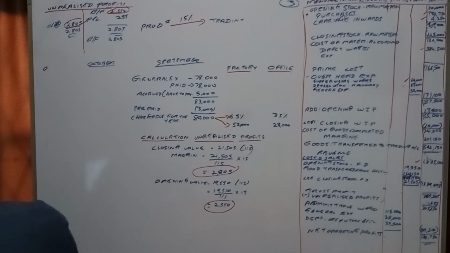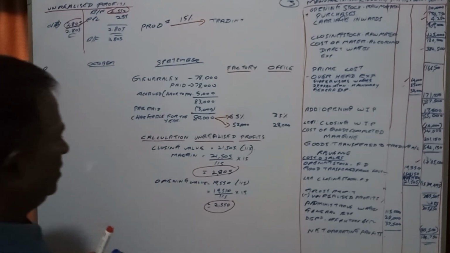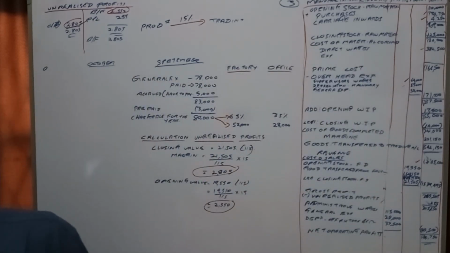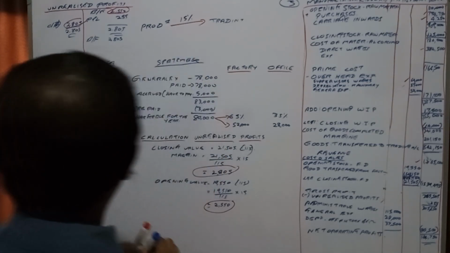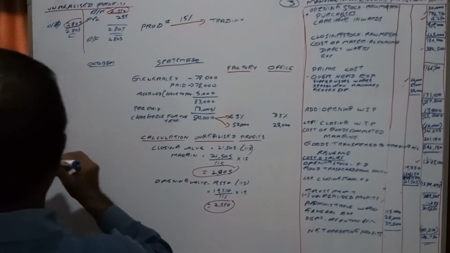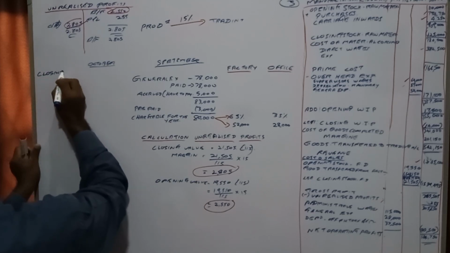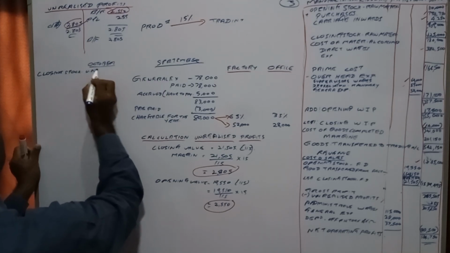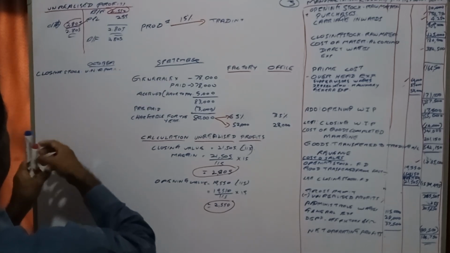They say the closing stocks will be 18,505 if it is the October closing stocks for the unrealized profit calculation.